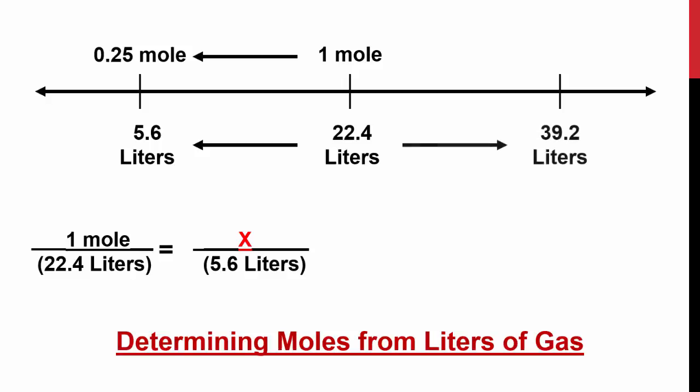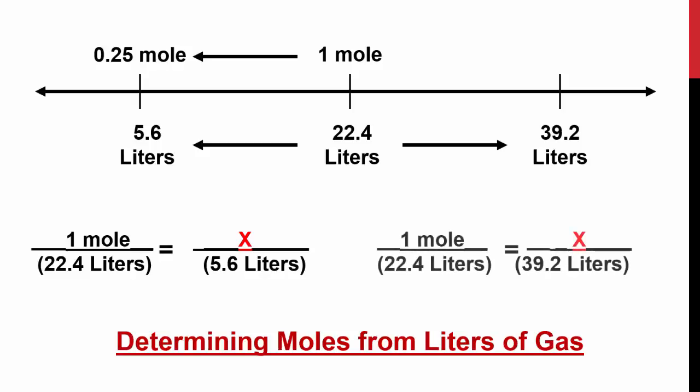Then if we have more than 22.4 liters, like 39.2, we set up this proportion again, 1 over 22.4 liters. Now we're going to cross multiply and divide, and we're going to find that 39.2 liters is equivalent to 1.75 moles of whatever gas we're referring to at STP.